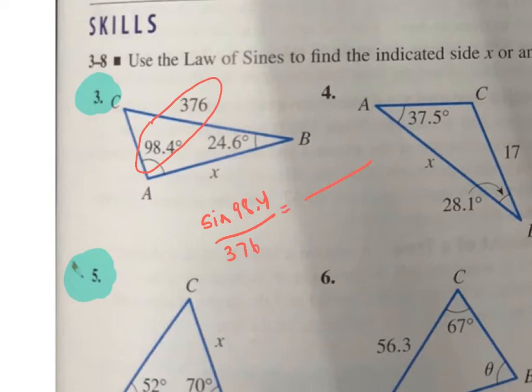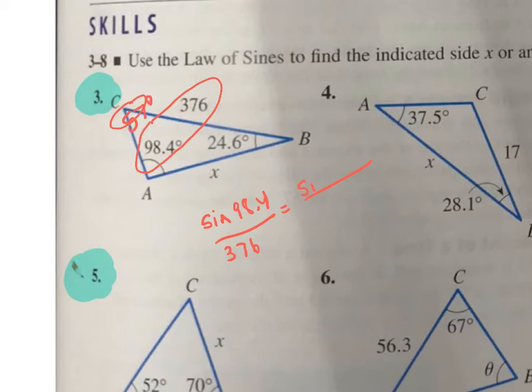So I need to have x and the angle here that's missing. Well, they didn't give me that angle, but they kind of did. Because how many degrees are in a triangle? 180. So if you add up 98.4 plus 24.6, you get 123, and then if you subtract that from 180, you get that angle C is 57 degrees.